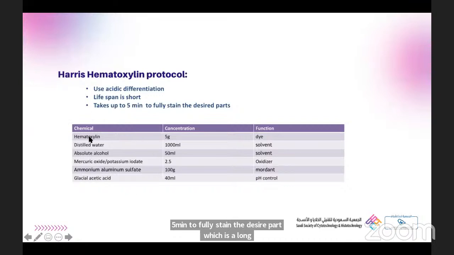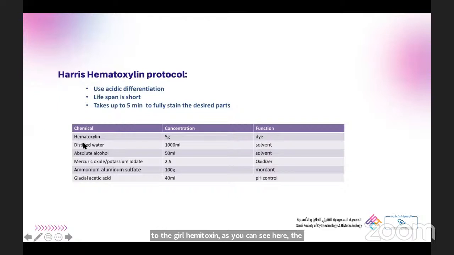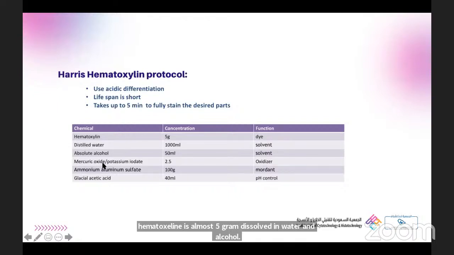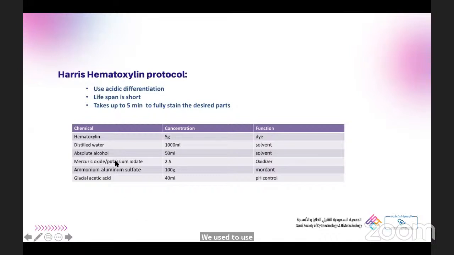As you can see here, 5 grams of hematoxylin is dissolved in water and alcohol. We used to use mercuric oxide, but nowadays we use potassium iodide because it's less lethal than mercuric oxide. Ammonium aluminum sulfate is the mordant and acetic acid is used as pH control.